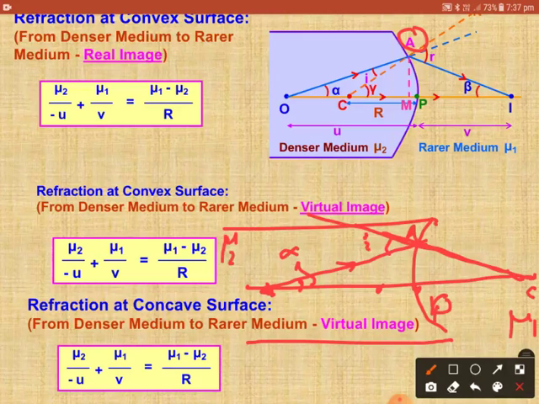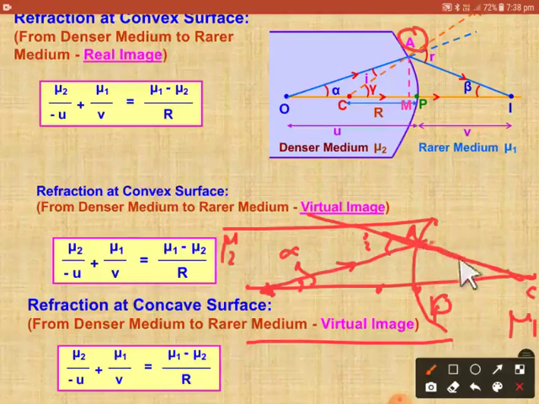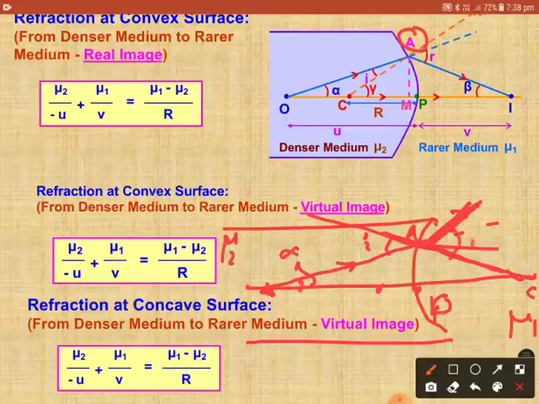Why? Because it is for the refraction from denser to rarer, it will bend away from a normal. So this is a normal side, so instead of bending like this, it will bend away from normal like this. So whatever the refracted ray, it goes here, the angle between the normal and the refracted ray, this angle we call it as angle of refraction.